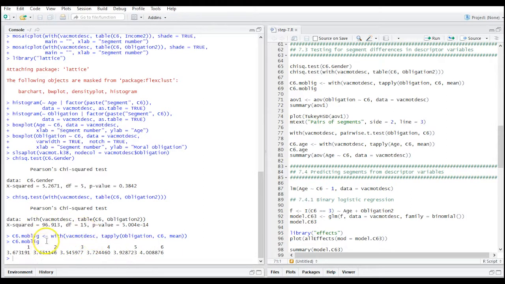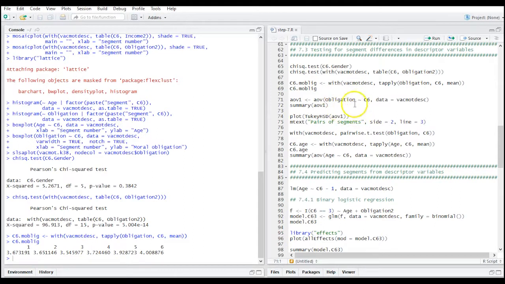If we now want to test if they're significantly different, so we want to test the null hypothesis, all moral obligation means are the same in the 6 segments versus at least one differs, we can do this using, for example, the analysis of variance. And this is performed now using the function aov.